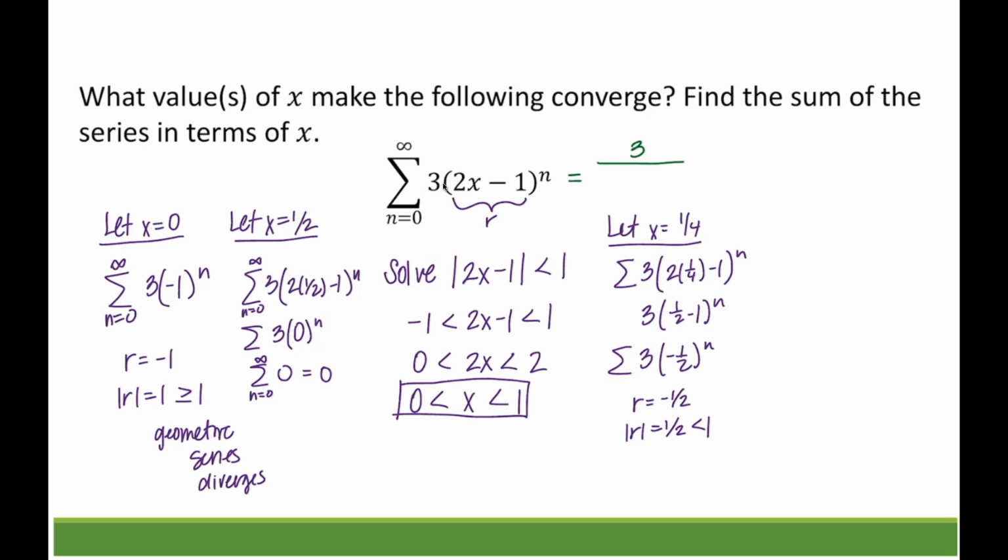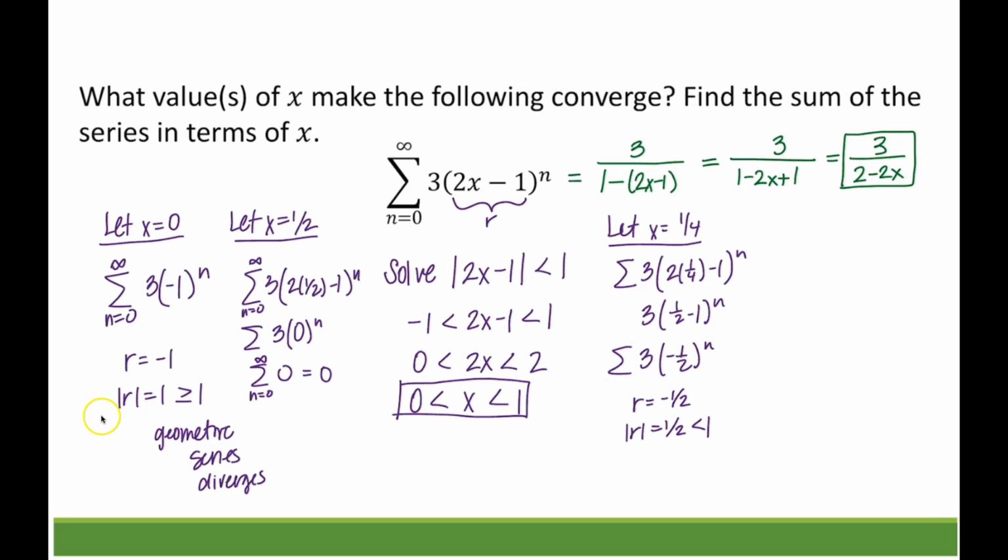So 3 over 1 minus r. What was r? r was this 2x minus 1. So I'm going to put 2x minus 1 here. Let's simplify that a little. 3 over 1 minus 2x plus 1, or 3 over 2 minus 2x. So for values of x between 0 and 1, this converges, and it converges to 3 over 2 minus 2x.